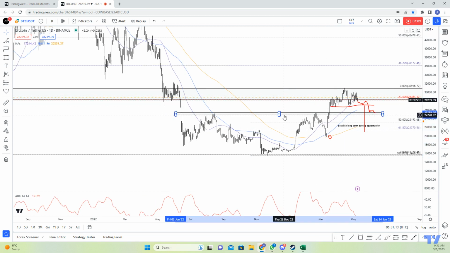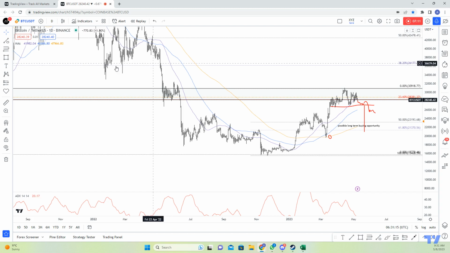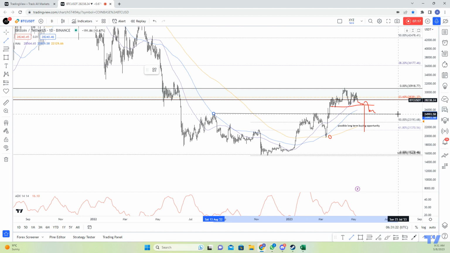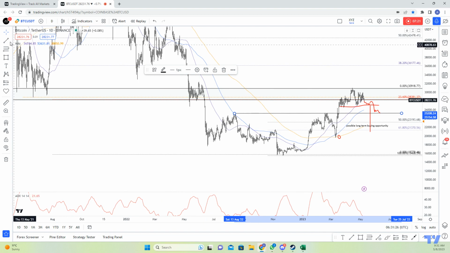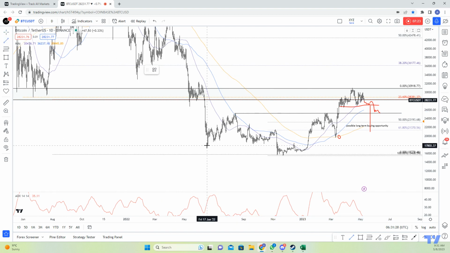If we look back here, let's define our range, right? So we had the previous range here. That's the 2022 range, right? And the deviation below. So this is our 2022 range.